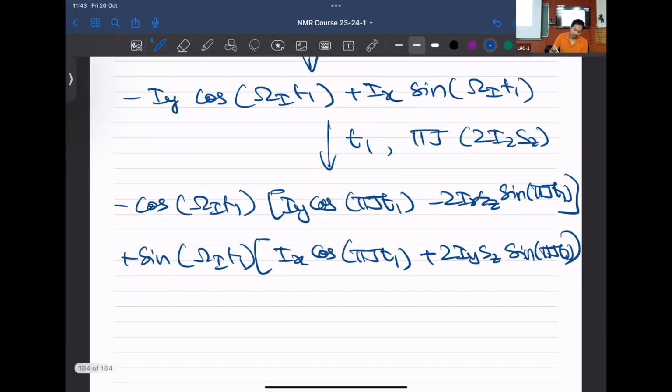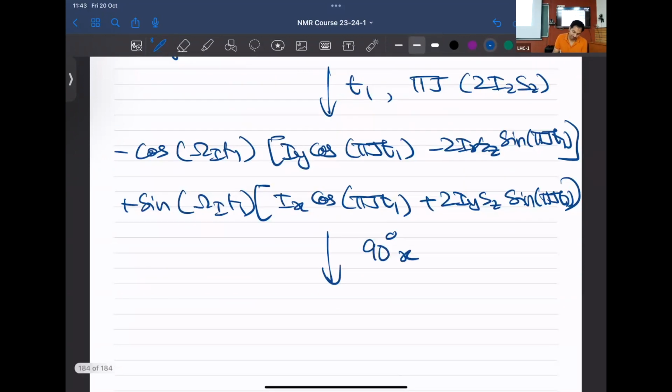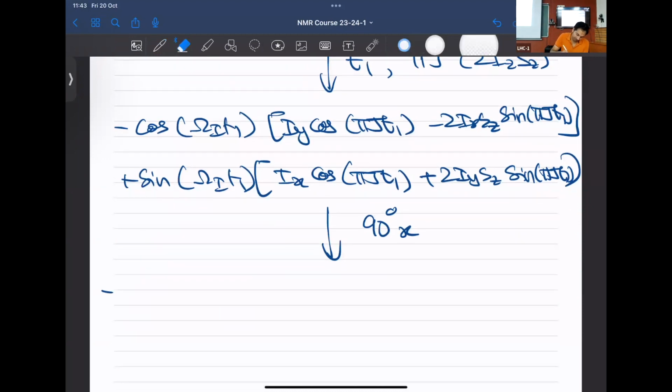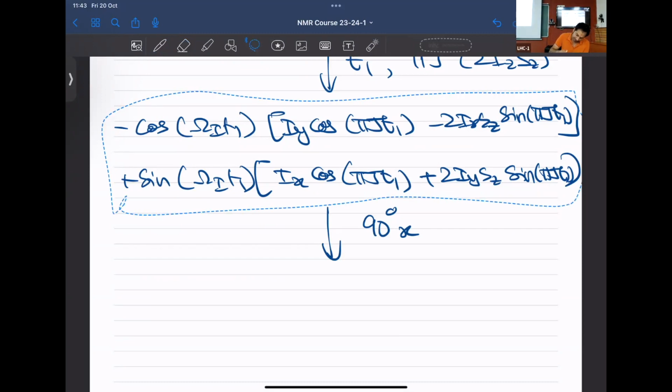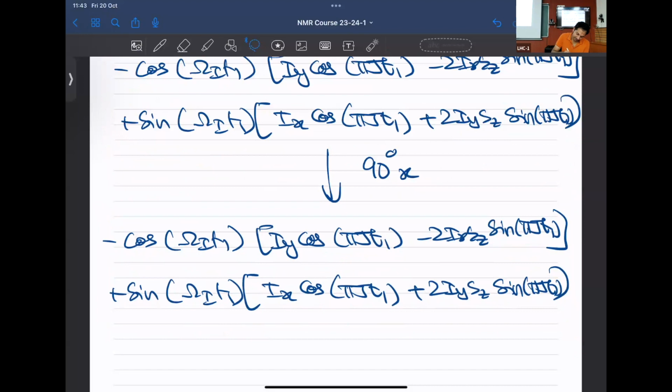Okay. Then what we have to do is a 90-degree pulse, and I've taken it along the x-axis. So what is going to happen? Let me just copy this and write it so that it's easier for me. Remember, these are all hard pulses, so it will affect I and S. If you apply an X phase pulse, the Y becomes plus Z. So this goes to plus Z. Let me change the color so that it's easier to follow.